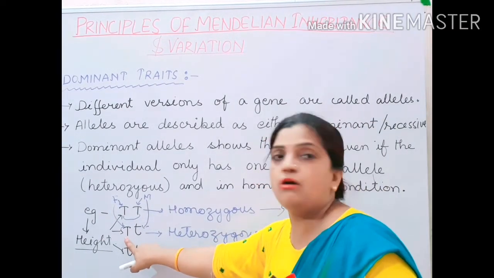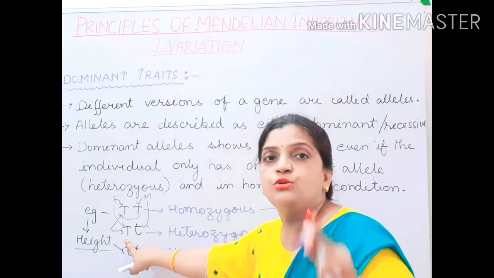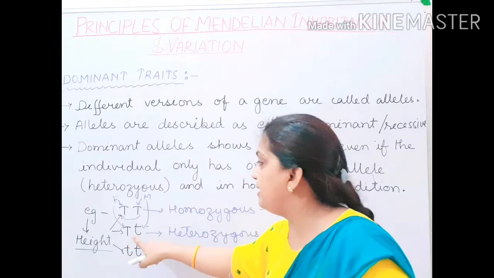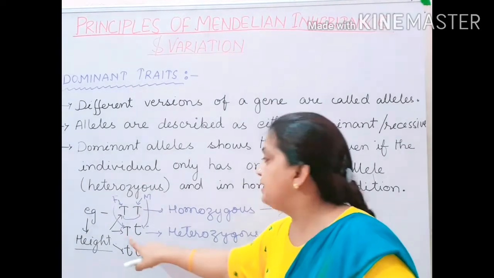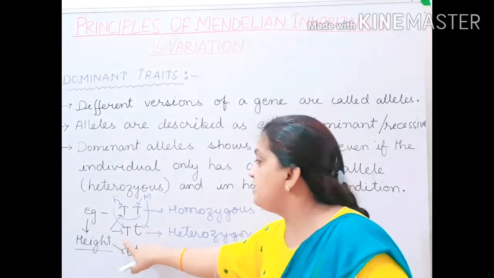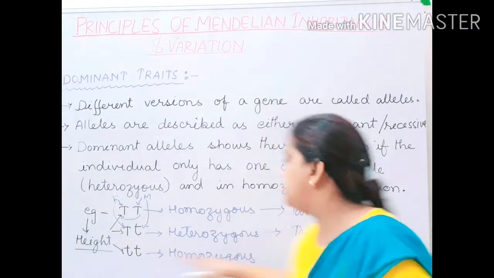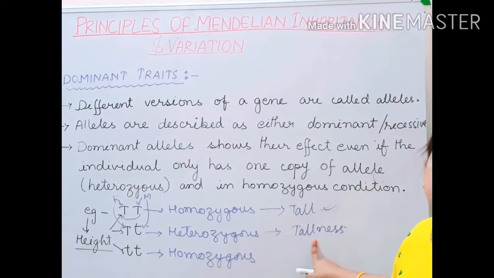Only one copy of the dominant allele is sufficient to show its effect. So here in the character height, in the capital T and small t heterozygous gene, only one capital T is effective to show the dominant character, that is tallness.